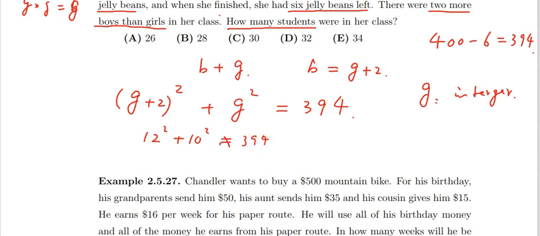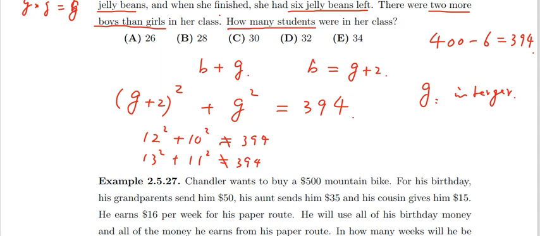Then g can be 11. So we check 11 squared plus 13 squared. Can this be 394? We just check the last digit. 13 squared ends in 9 and 11 squared ends in 1, so the last digit is 0, so it cannot be equal.